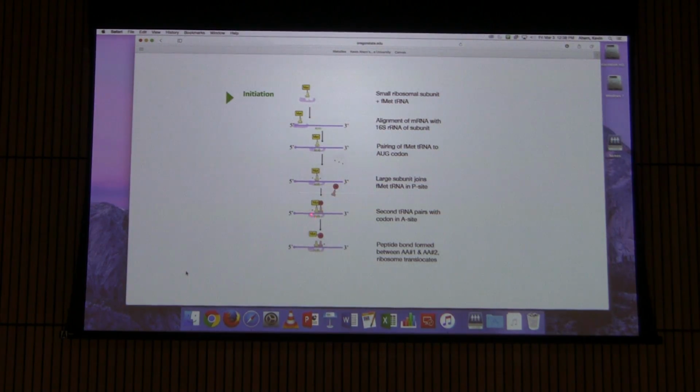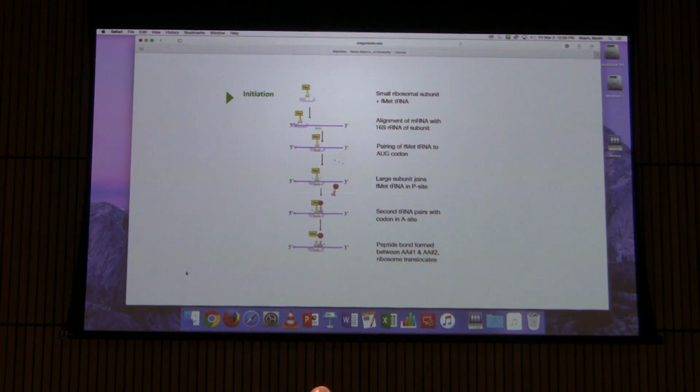After that has occurred, we have binding of a couple of things, and it's not really shown in detail on here, but the large subunit comes in and goes above this. It's kind of hard to draw it on there, but it goes above there to make that snowman structure I talked about before. At this point, when you have the large subunit on the top and the small subunit on the bottom, the A, the P, and the E sites are all set up.